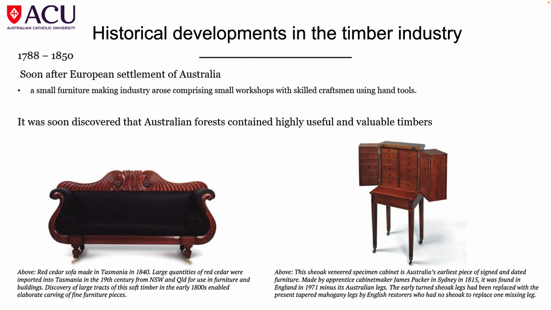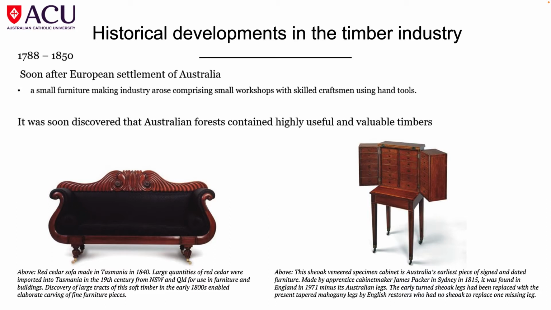You can see on the other side here, you've got this specimen cabinet, which is actually made out of she-oak, which is a really attractive timber, but it's not one that's widely worked with outside of very specialist applications.